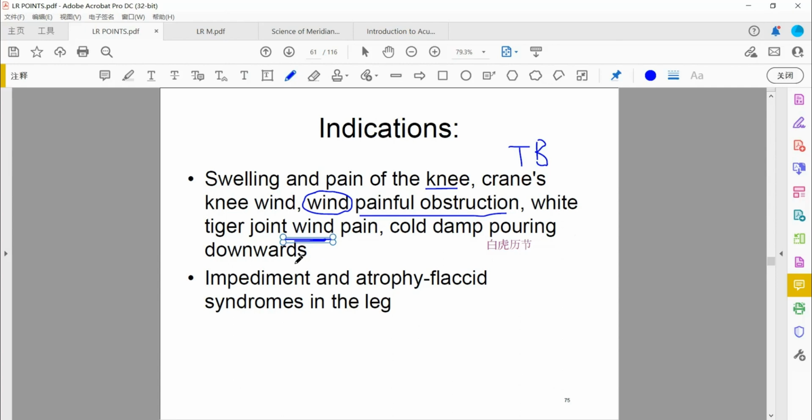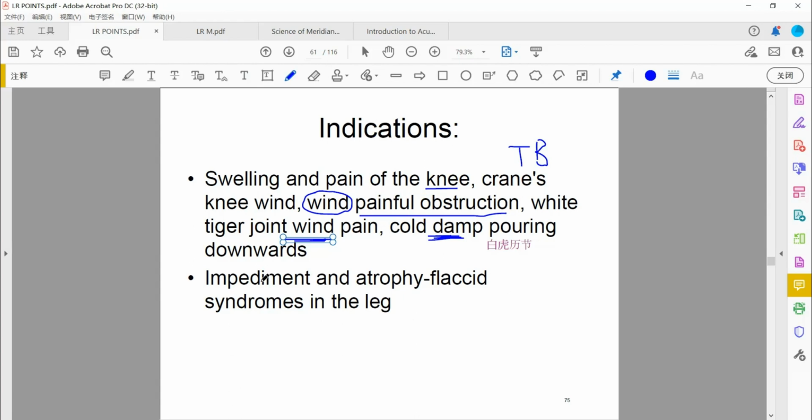Cold damp pouring downwards. Dampness is heavy. It easily pulls downwards to the leg, right? Go to the leg. Impediment, atrophy, flaccid syndrome in the leg.